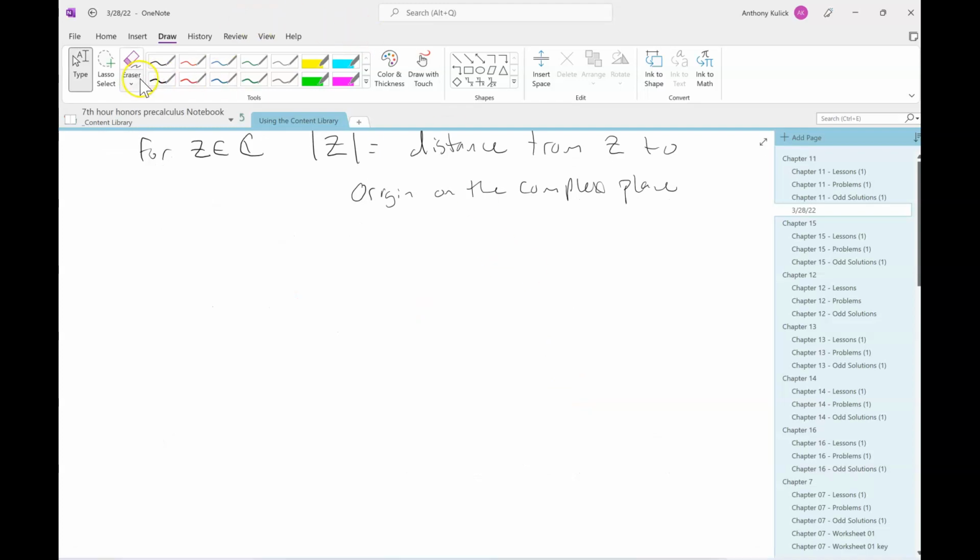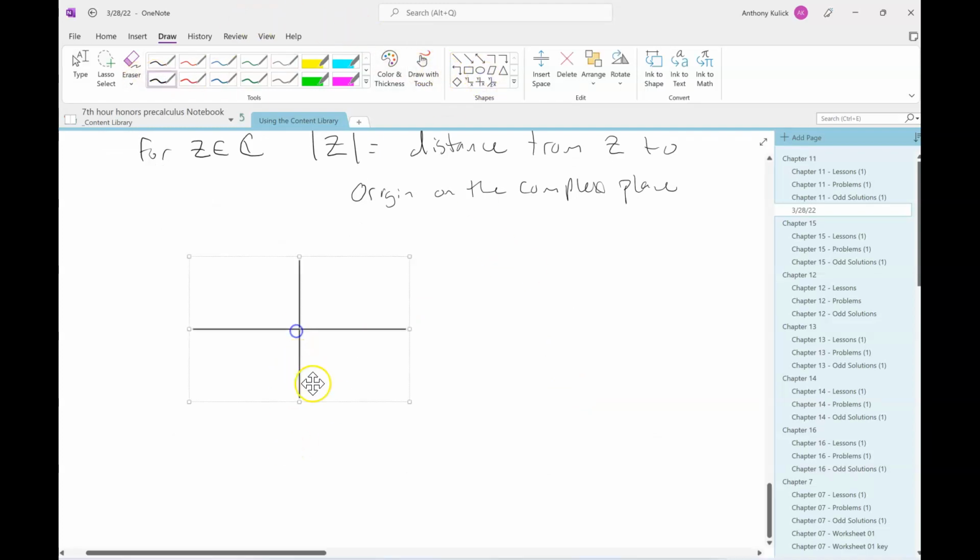So let's think about that for a moment then. We have some complex plane here. Let's say that we have this complex number a plus bi. So this distance here is my absolute value of that complex number, right?